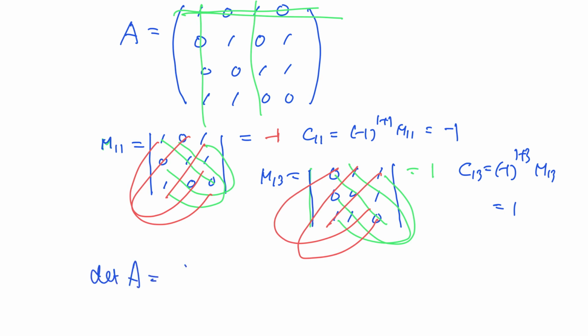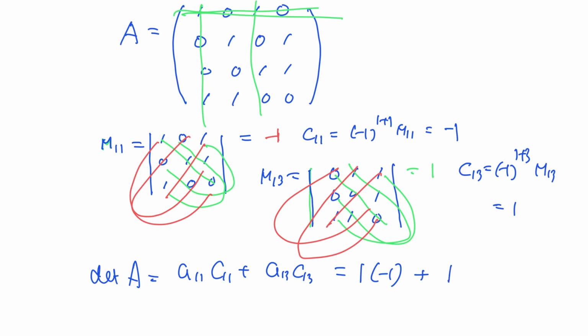So determinant A is actually A11 C11 plus A13 C13. Uh-oh. So A11 is 1, right? C11 is -1.